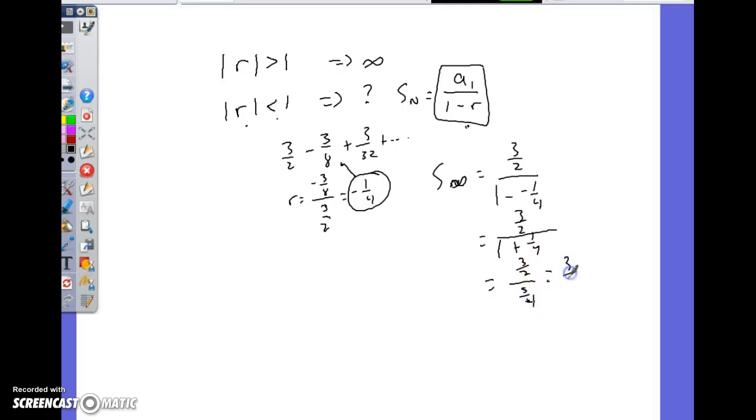Flip and multiply, I get 3 halves times 4/5, and I get 6/5. Is that right? That's right. And that's what I'm approaching as I go to infinity. Fair enough?